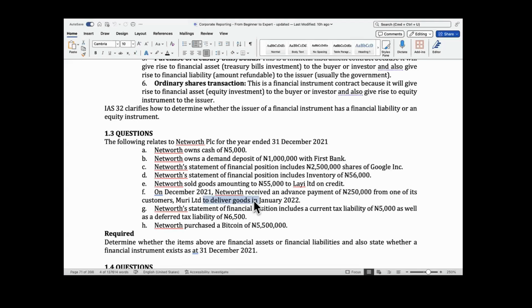And that is why this contract liability, this money you received in advance, is not a financial liability. It is another type of liability entirely, but definitely not a financial liability, because the obligation Networth has is to deliver goods, not cash.